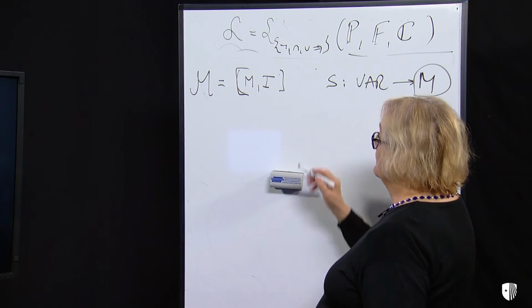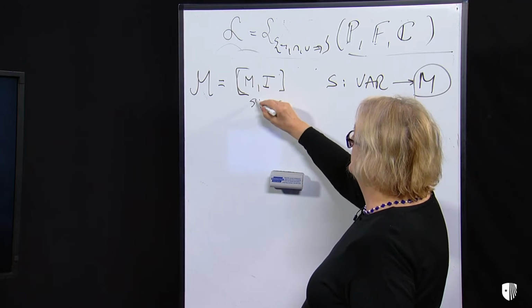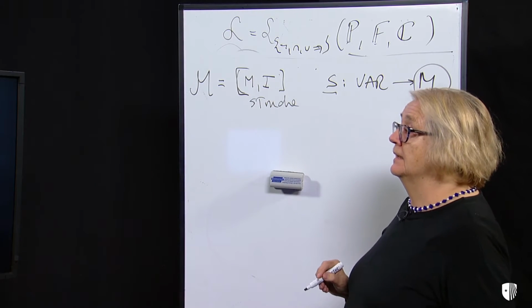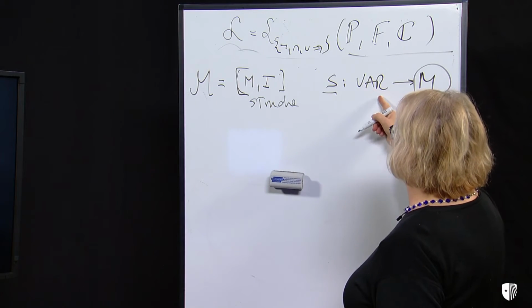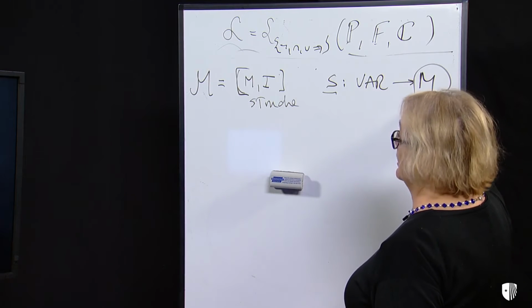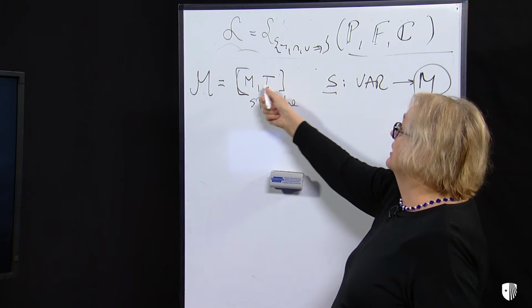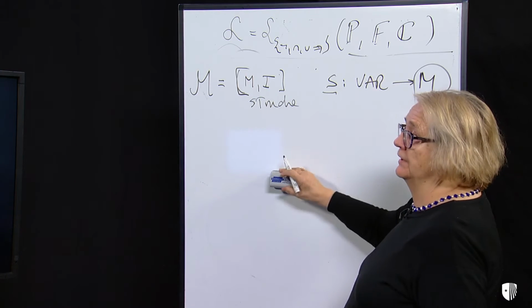So models are defined in terms of a structure and an assignment of variables in the structure, right? So this is the relationship between a structure and formulas.